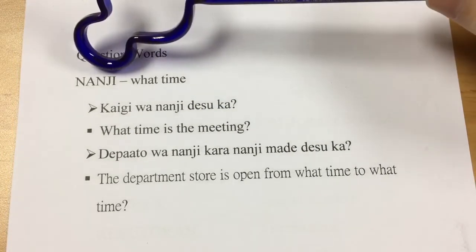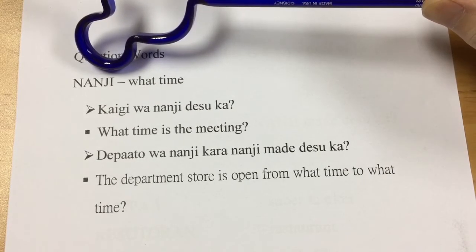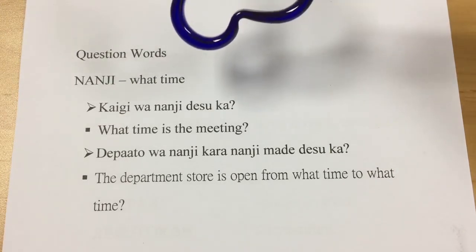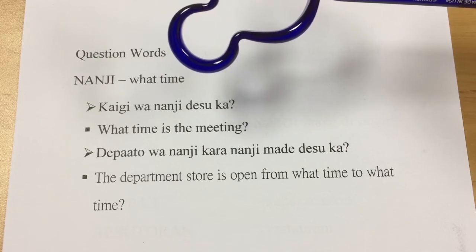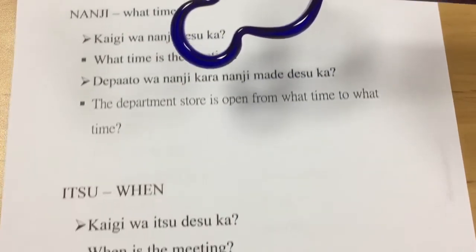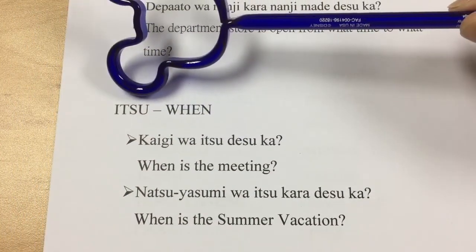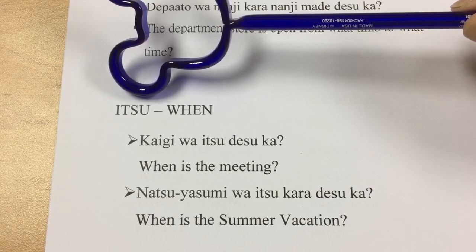When you ask 何時, most of the time people will answer with a time. But if you want to ask in general, like what day, what month, what time, you can use the new question word, いつ. いつ means when.